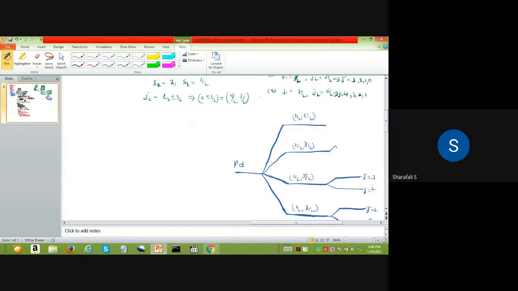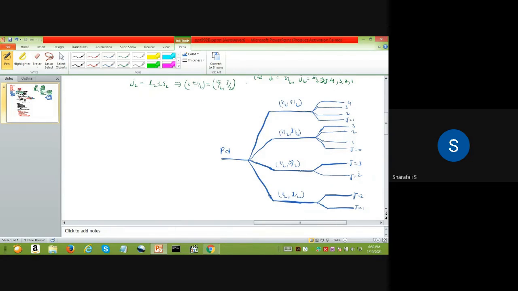Then this one splits into 4, correspondingly J equal to 0, 1, 2, 3. And then this one also splits into 4, and we have J values equal to 1, 2.